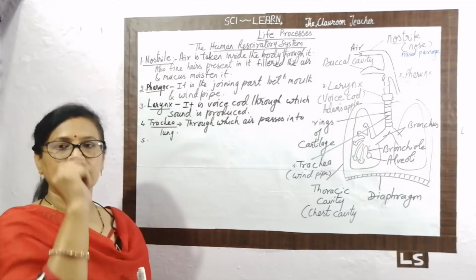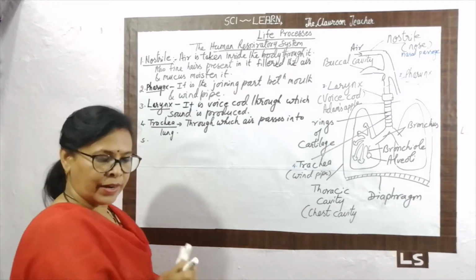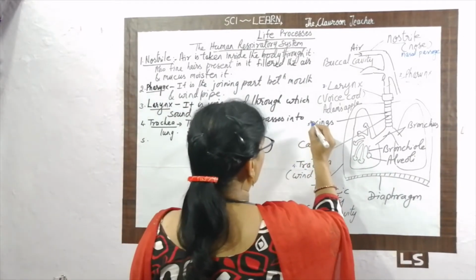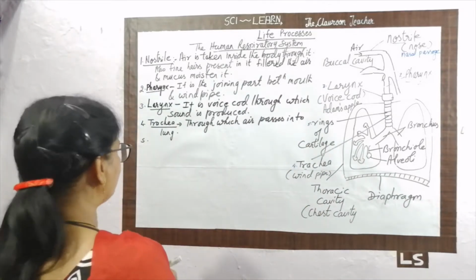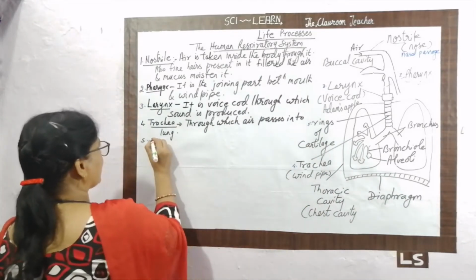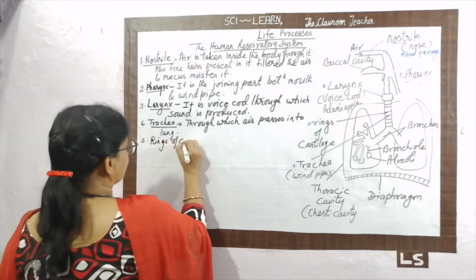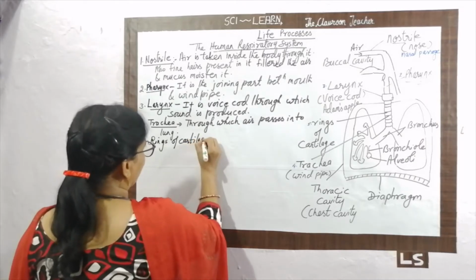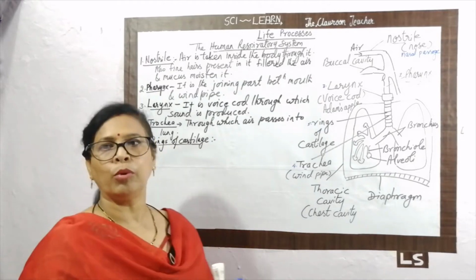Over the trachea, some cartilage rings are present. That is called the ring of cartilage. The rings of cartilage are some fine bones made up of cartilage, and they are very important. Why is it important? Because it prevents the trachea from collapsing.